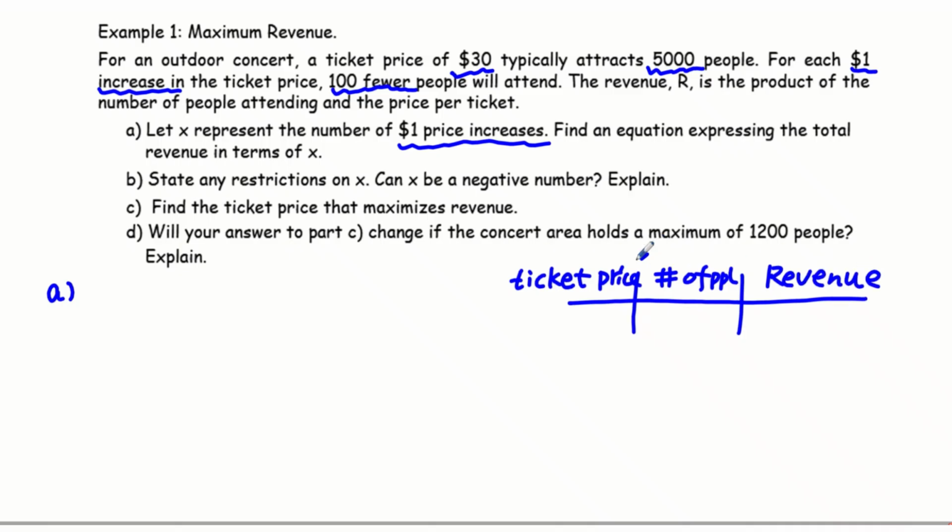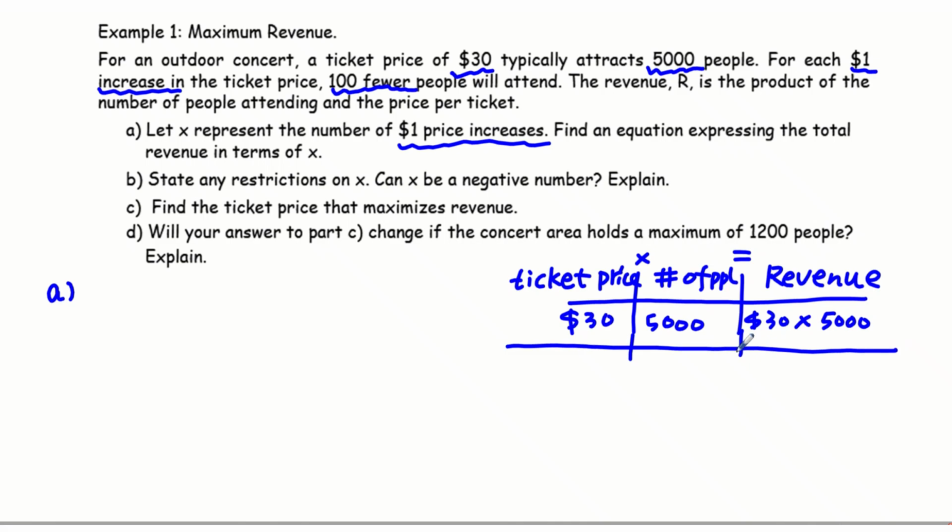Revenue equals these two multiplied. The original price is $30, and the number of people is 5,000. So the revenue is just $30 times 5,000. Then with an x dollar increase.